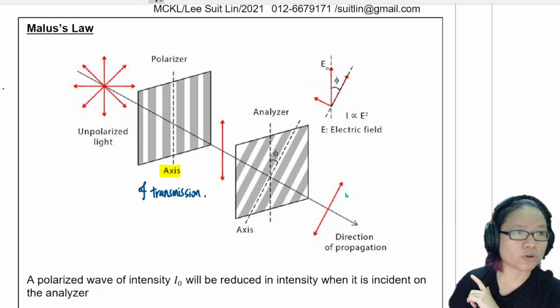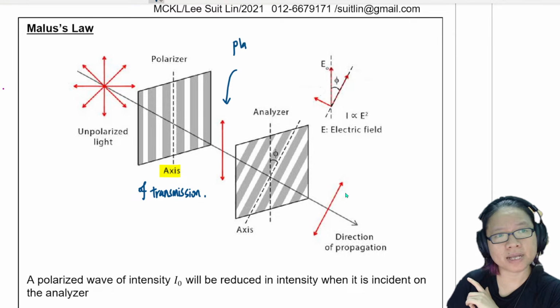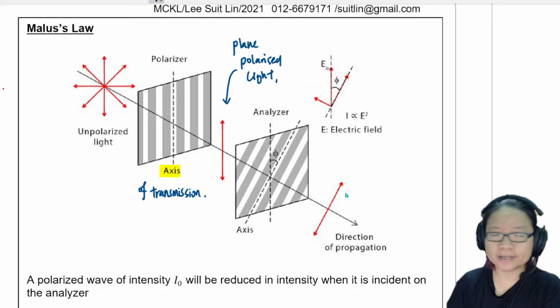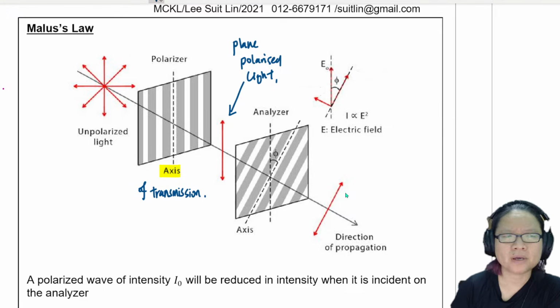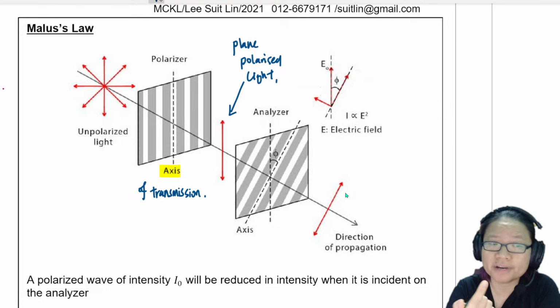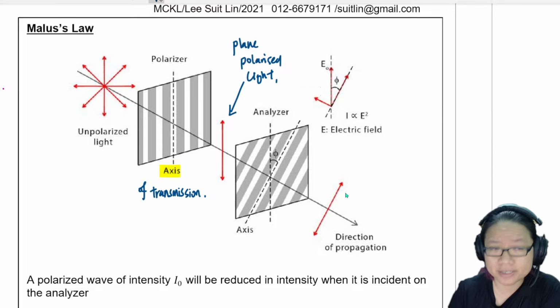So here is unpolarized light. And at this point here, this is plane polarized light. But one polarizer is not good enough. We need a second Polaroid called the analyzer.